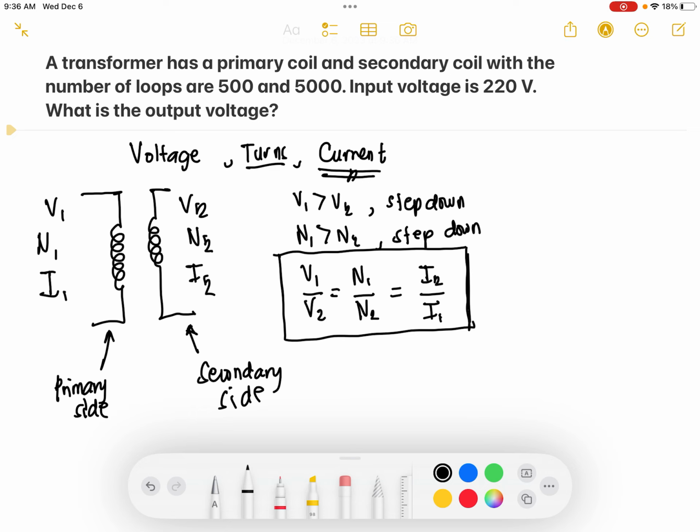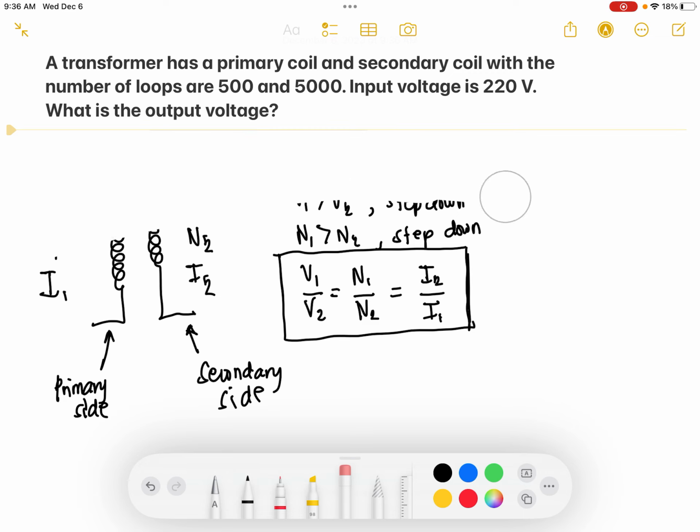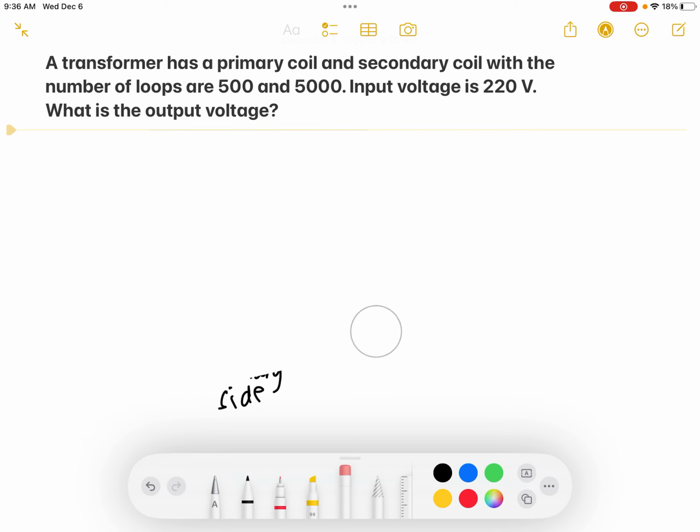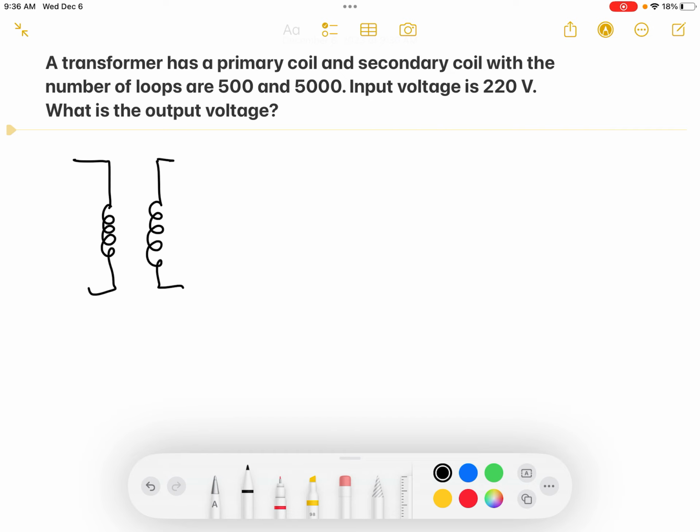Okay, so let's start solving the first problem. I'll erase this one. The first problem is a transformer has a primary coil and a secondary coil with the number of loops 500 and 5,000. The primary coil has 500 and the secondary coil is 5,000.